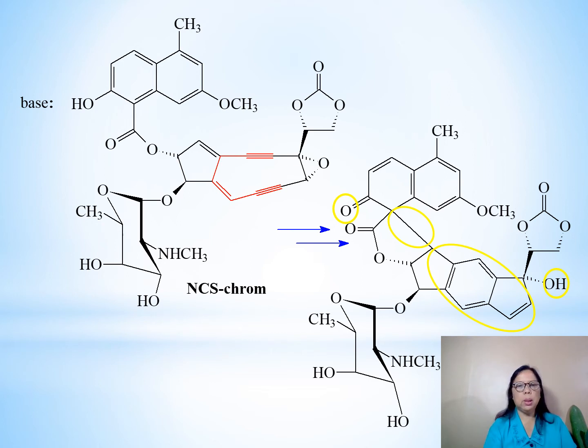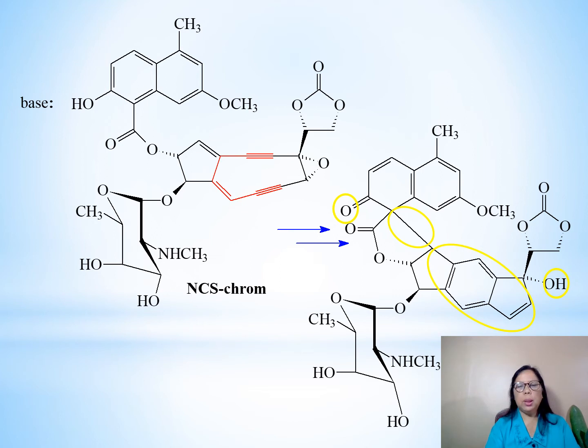So when this was formed, the ring here was formed. So this is the one that had changed. And the closure of that cyclo structure had led to the opening of two adjacent cyclo structures.